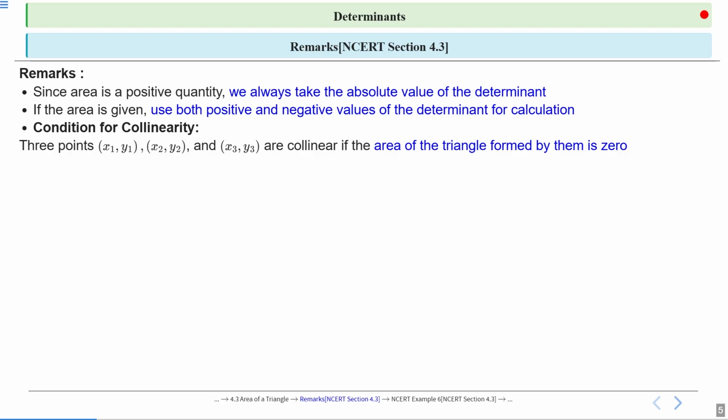If we imagine, we can see that if the area of the triangle is 0, then all three points lie on the same line. So they are collinear. To prove 3 points are collinear, we just need to find the area of the triangle formed by them, and if it is 0, then the points are collinear.